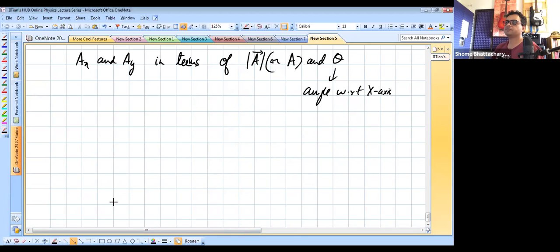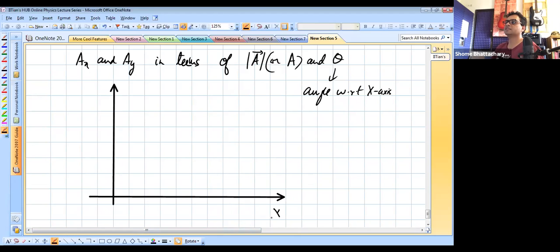So keeping this in mind, let us now see the relationship between the geometrical representation of the vector and the component form. So if this is my x-axis and this is my y-axis, now if I were to draw the vector in a more standard way, that is I want to start it from the origin, instead of drawing it randomly somewhere over here, I pick up that vector and place it at the origin.